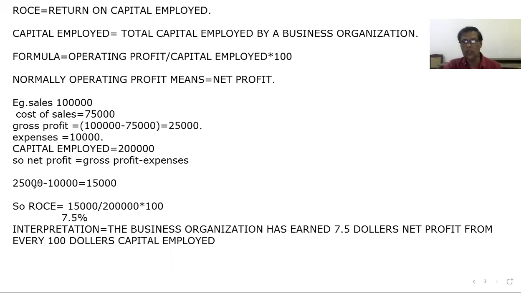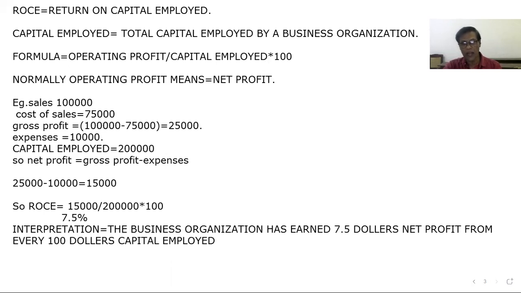So what is the point of doing this business without getting at least 10%? The bank people say, okay, give me your money, every $100 I will give 10%. So this is the meaning of interpretation. You should be able to identify that if I employ $100 of capital, how much I should be able to get. So this business organization is getting 7.5.